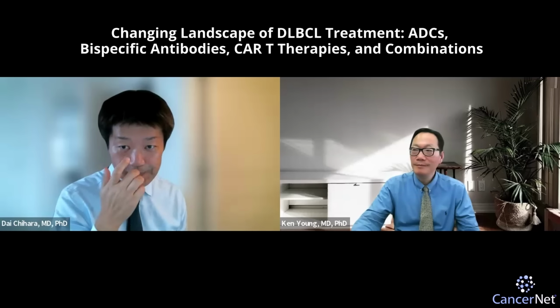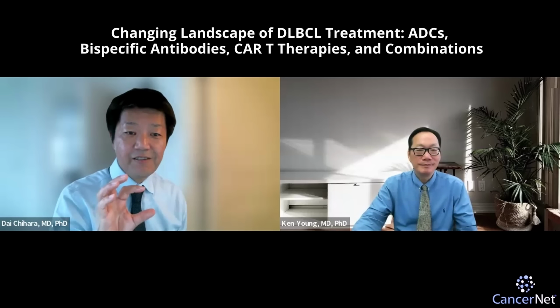I do still tend to send a patient to CAR T if they are eligible. You can't really compare trial to trial, but when you think about how many patients remain in remission post completion of treatment, it's roughly 40 to 50% with CAR T. Only about 40 to 50% of patients achieve complete response with bispecific monotherapy or combination, and only about 60 to 70% of those remain in durable remission.